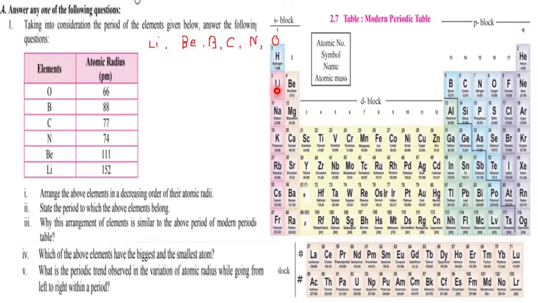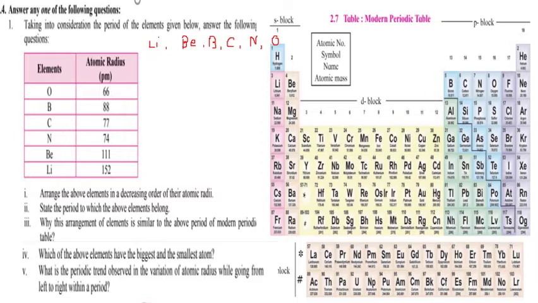Here, the elements are arranged according to the increasing order of their atomic number and also in the decreasing order of their atomic radius. Now, which of the above elements is biggest and smallest, and what is the periodic trend observed in the variation of the atomic radius while going left to right in the period?